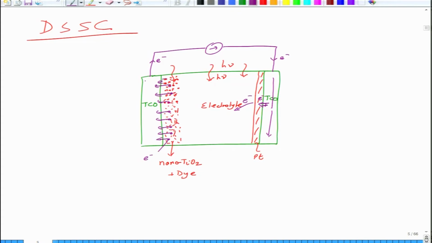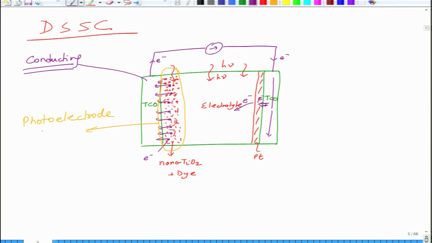Okay. So, basically you must have this side conducting, so the conductivity of this side is important. The working electrode on this side, whatever is here, is the photoelectrode.